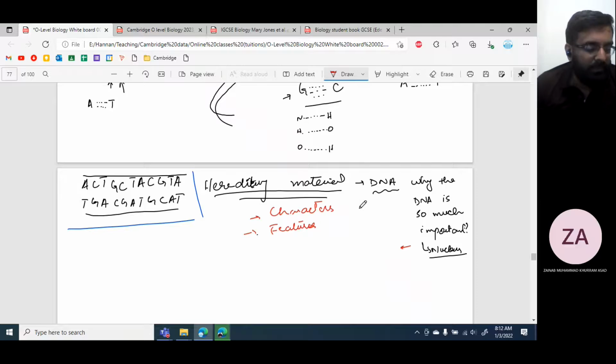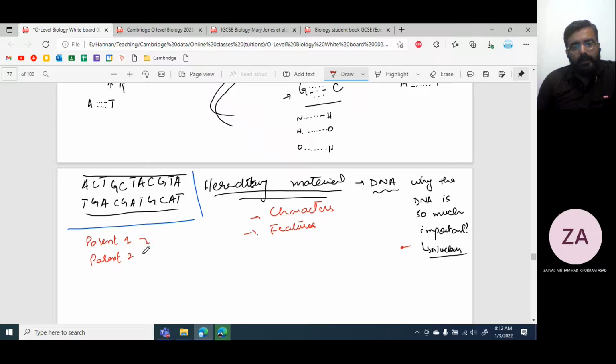Okay, you are completely right. If we look in our surroundings, we come to know that if we consider parent 1 and parent 2, and they both reproduce, they produce a child, or in common language we call that organism a child, or in biological language we call that organism an offspring.